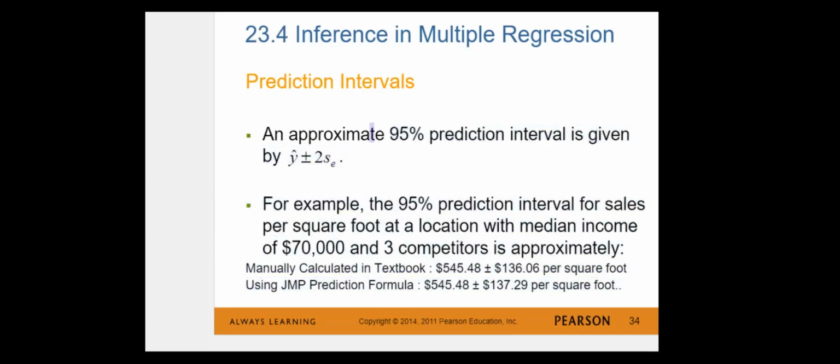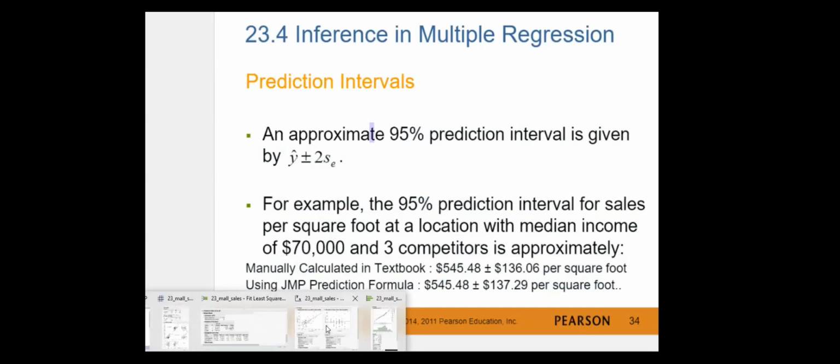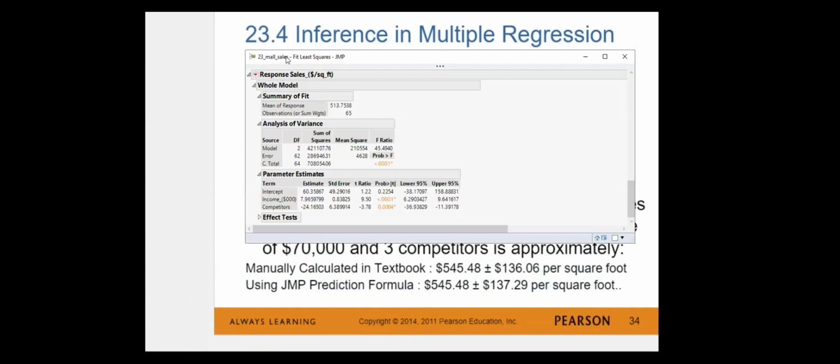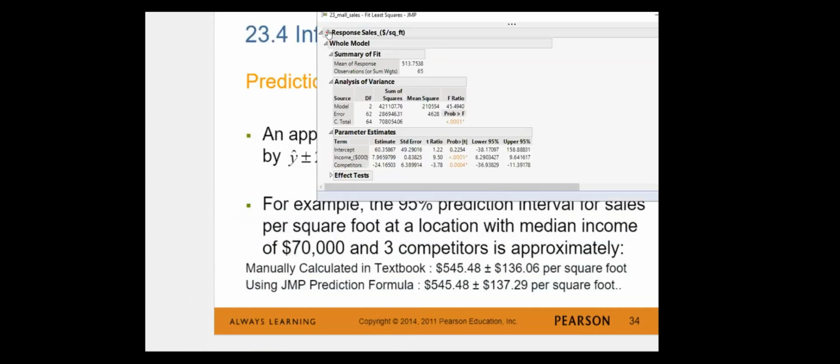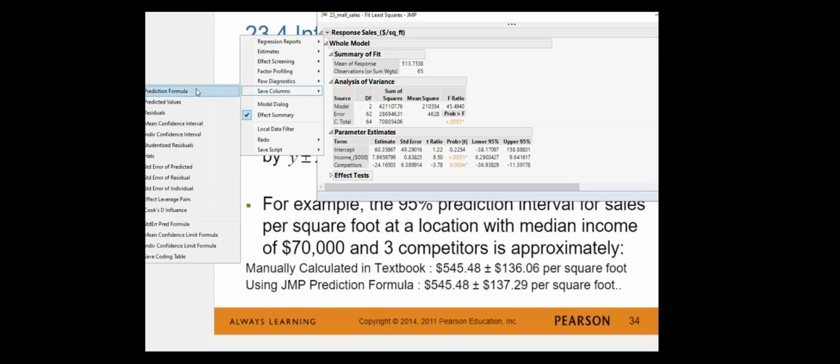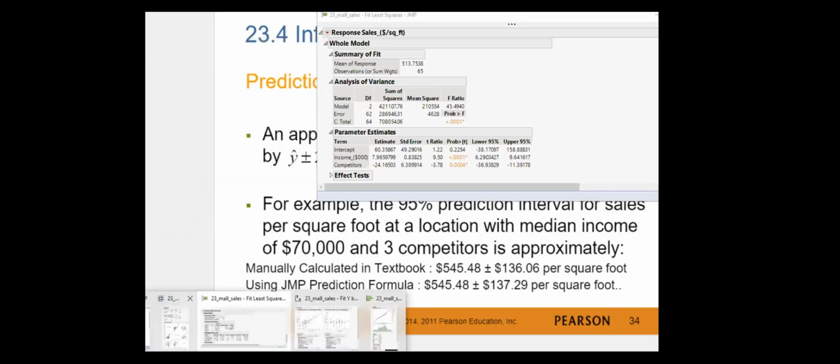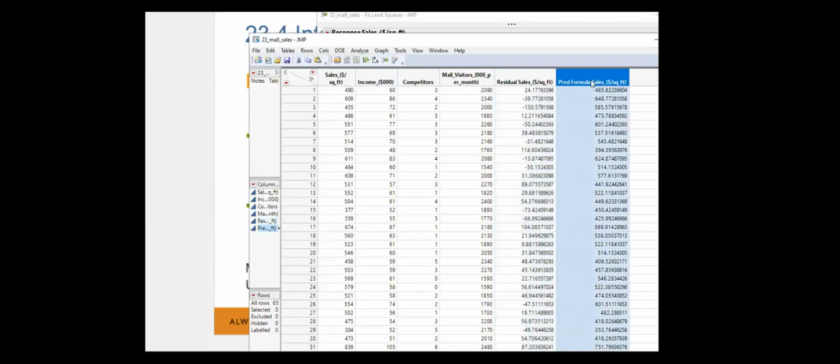So where do we get these numbers? Really quick, we go to here. Red triangle, Save Columns, Prediction Formula. I've already done that earlier today, so you can see it. Prediction formula.